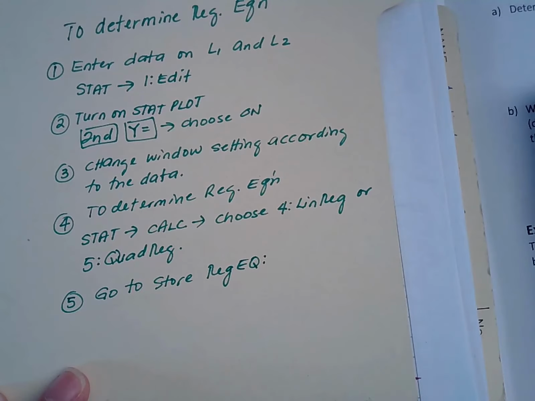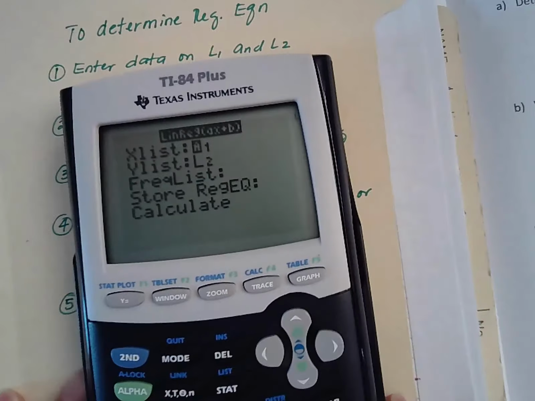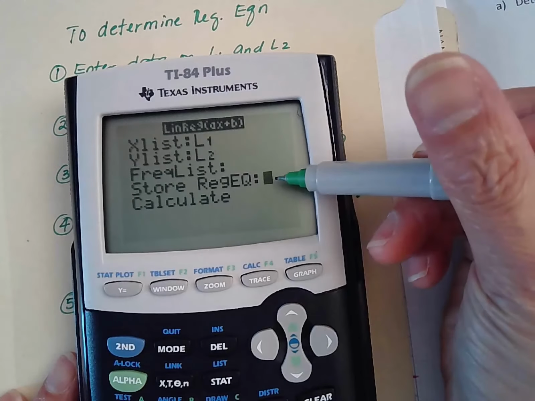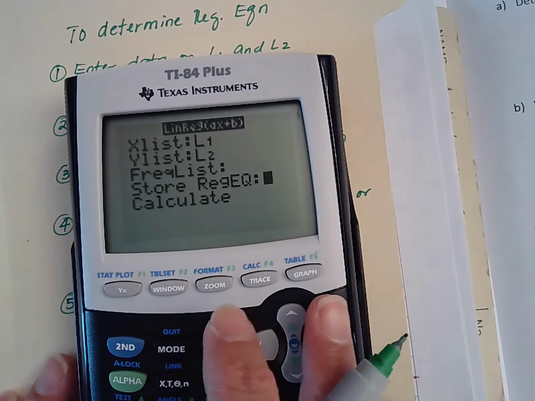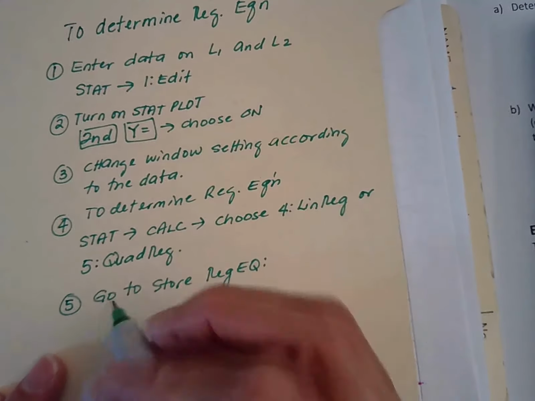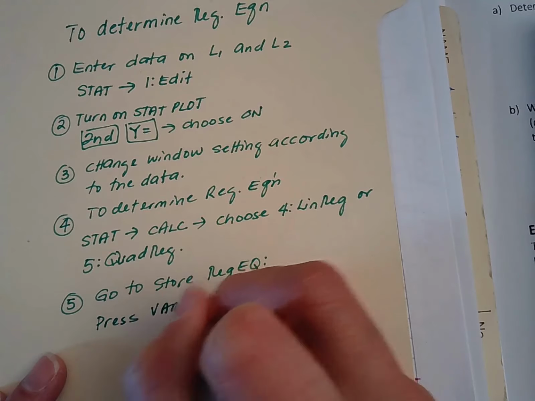Go down to store regression equation. So basically, you're over here, you're gonna go down here, store regression equation. And then once you're there, you're gonna press vars.